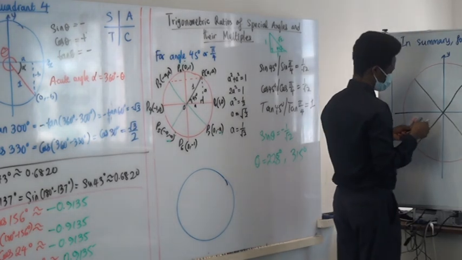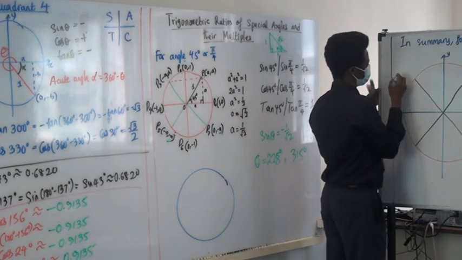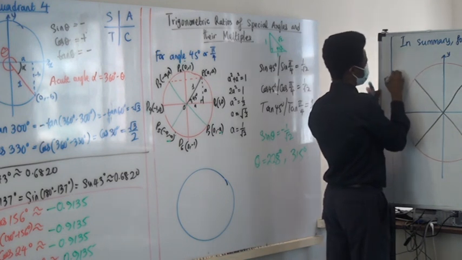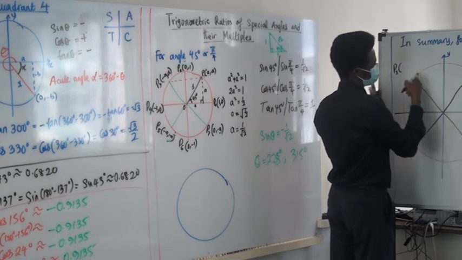Unless you want to do tan 3 pi over 4 equals sine 3 pi over 4 over cos 3 pi over 4. I'll do that.